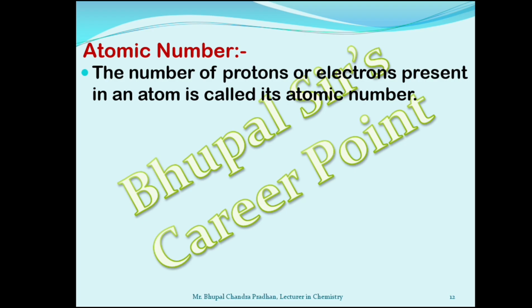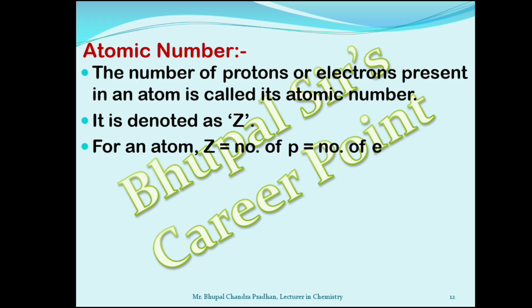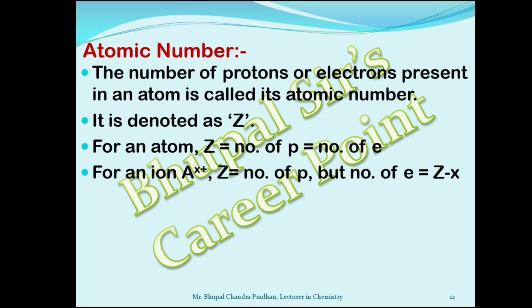Atomic number. The number of protons or electrons present in an atom is called its atomic number. It is denoted as Z. For an atom, Z is equal to the number of protons and also equal to the number of electrons.